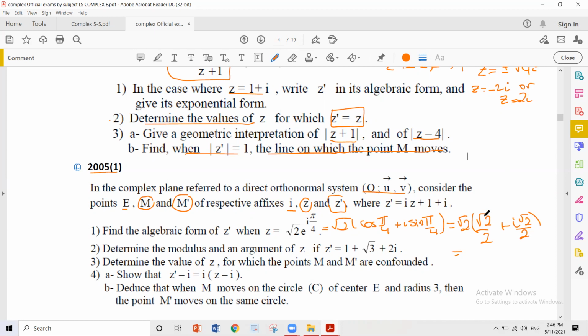Expand: radical 2 times radical 2 is 2 over 2, so 1 plus I.